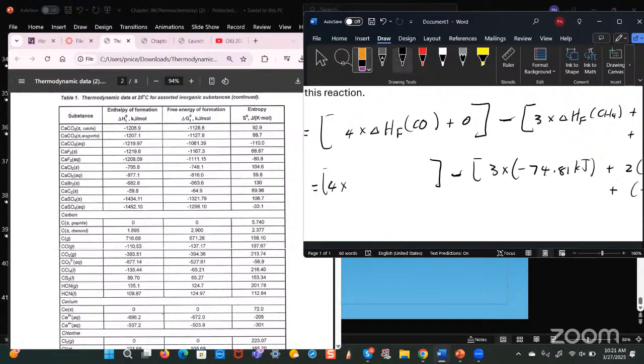For carbon monoxide, that should be minus 110.53.